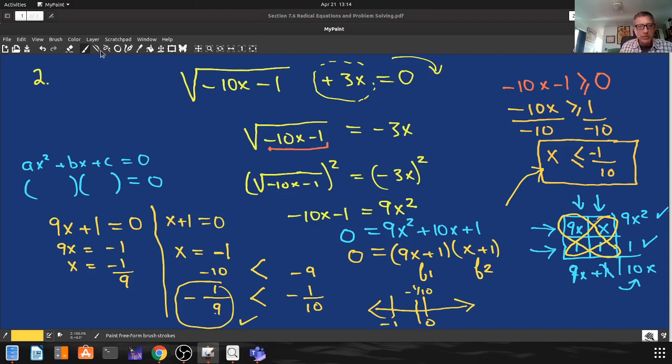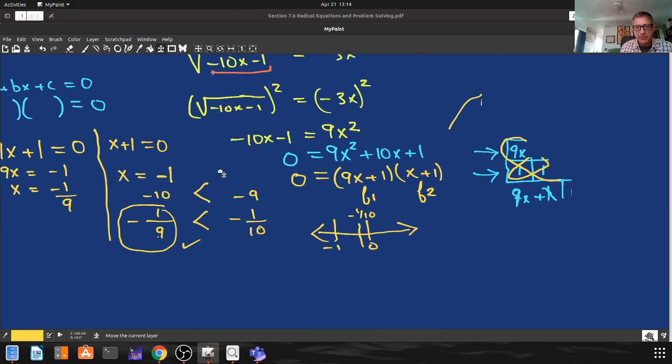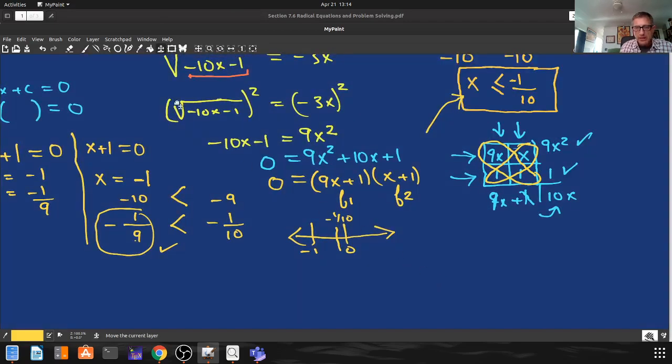So I have two solutions to this equation, and those solutions are x is equal to minus 1/9, or x is equal to minus 1. So ideally, you would want to go in and plug them in, but that's an awful lot of work, and we're getting toward the end of the semester, and this is hard enough.